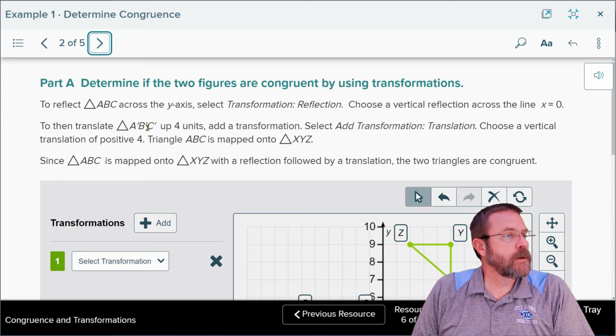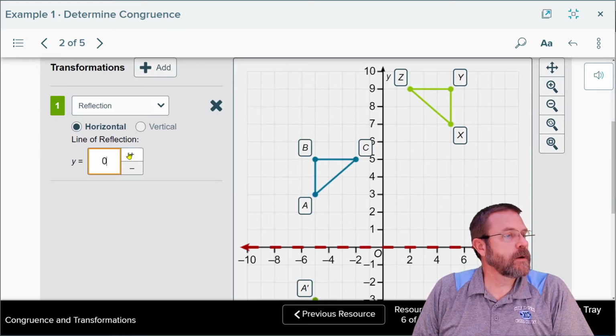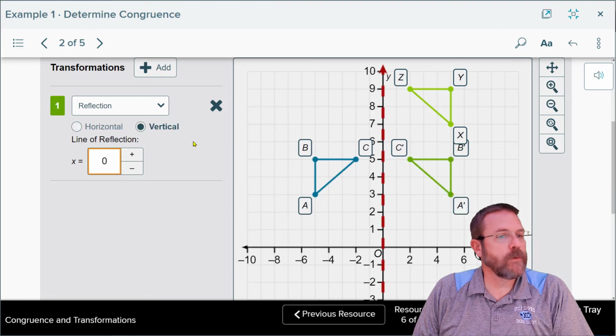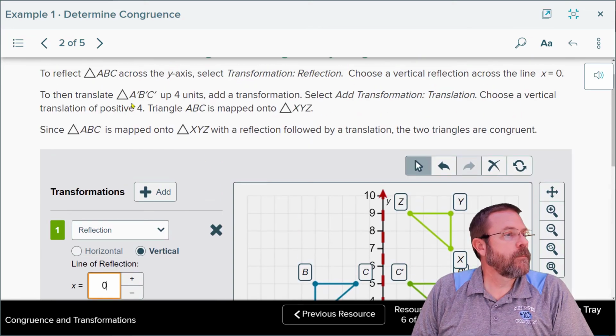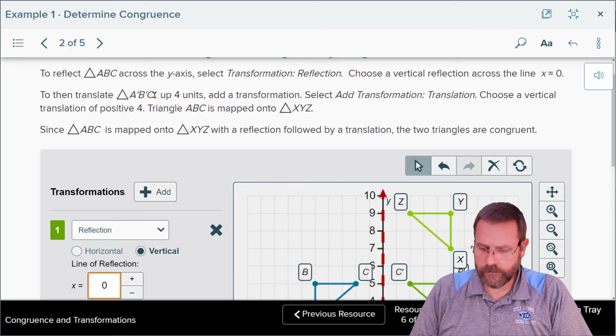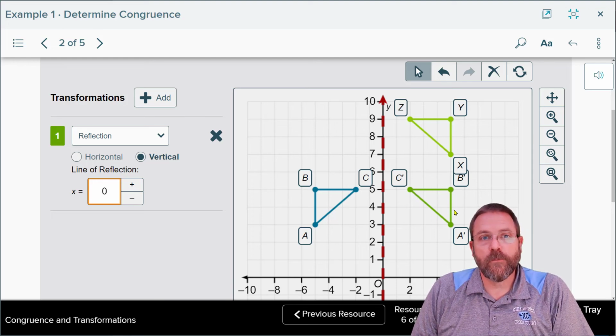So we're going to do reflect, with the vertical one where x is equal to 0. Alright, we've taken triangle ABC, our blue triangle, and turned it into triangle A prime, B prime, C prime, and that's this green triangle right here.